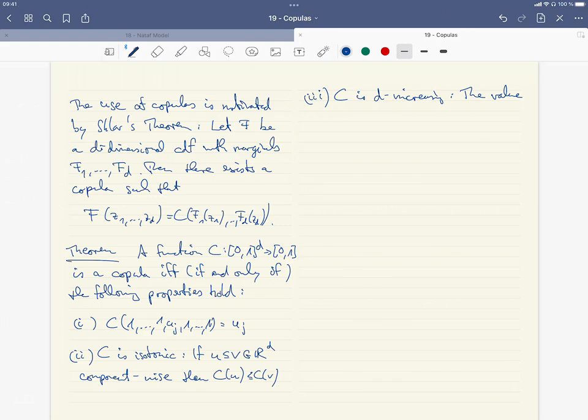So it says the following thing: the value of every box, which I write as an interval, but it means it's made up of a Cartesian product of individual intervals, and for this to be a proper interval I need u less than or equal to v. So the value, and by value I mean as measured with C, is non-negative.